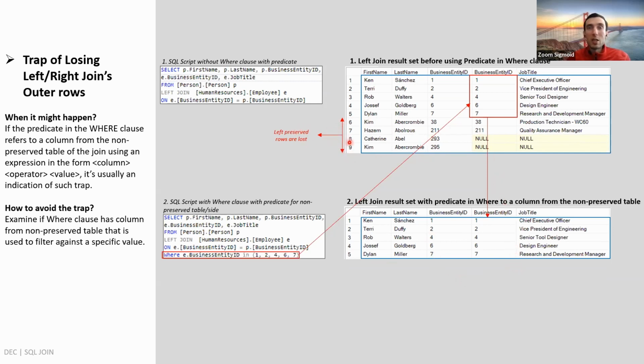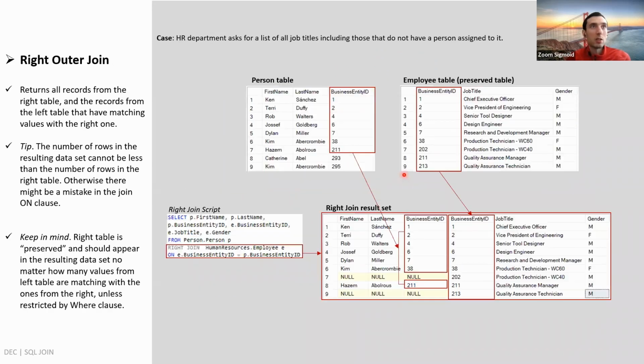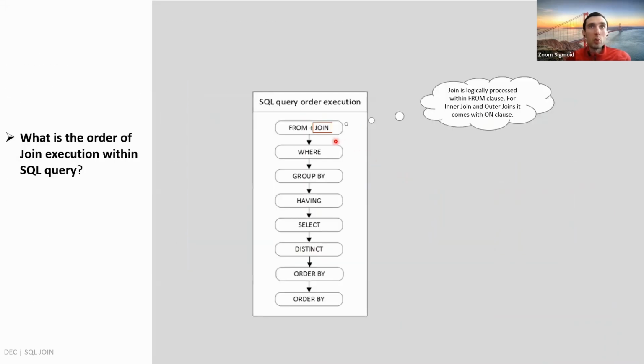So this is the case when the preserved table can have some rows that are filtered out by the where clause. So why does the where clause exclude these rows? If I go, for example, to the order of execution, one second. If we look here at the order of execution of the query, we can see that we have this FROM and JOIN, which comes first.